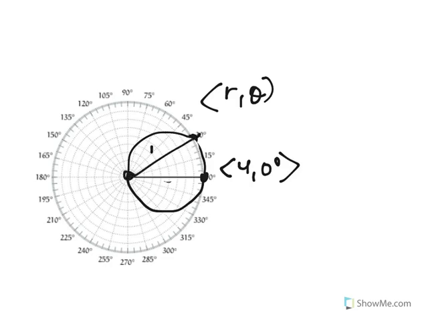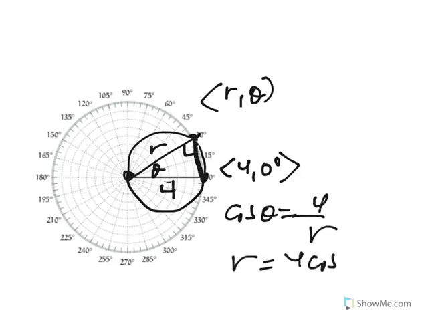This would be r. And this would be theta. Actually, it looks like this one's a little bit easier. We should have done that one first. So we have this triangle here, and we can say 4 is adjacent, so cosine theta equals 4 over r, or r equals 4 cosine theta.